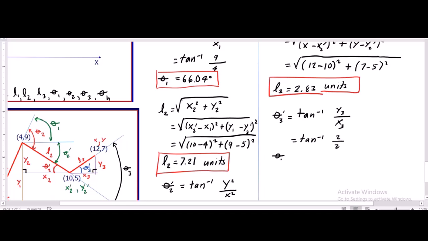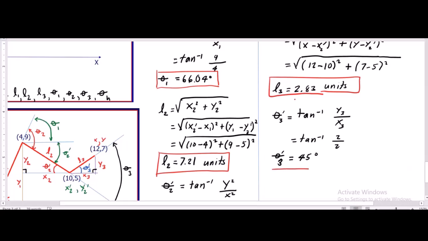I think this is 45 degrees, because 2 divided by 2 is 1. Yes, it's 45 degrees. We got now theta 3 prime.